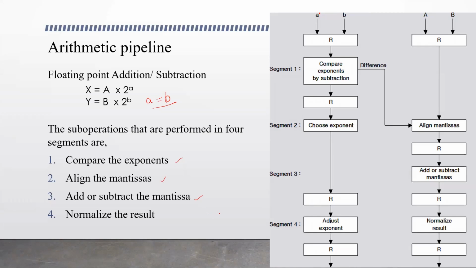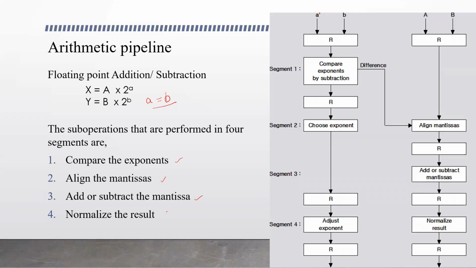And the digit that comes after the decimal point should not be 0. If there is a 0, that means there is underflow, so we shift the digits to the left and adjust the exponent accordingly. That way we normalize the result finally.